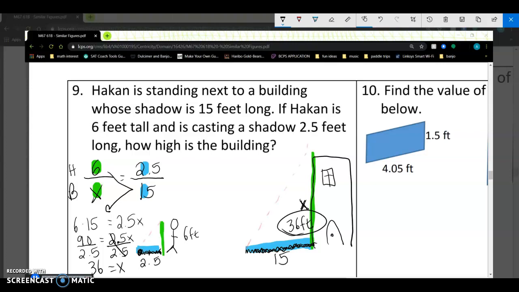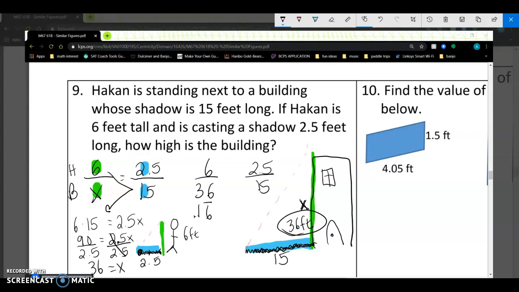If we want to check our answer, we can rewrite our proportion: 6 over 36, and then 2.5 over 15, right from over here. 6 divided by 36 is 0.1666 repeating.